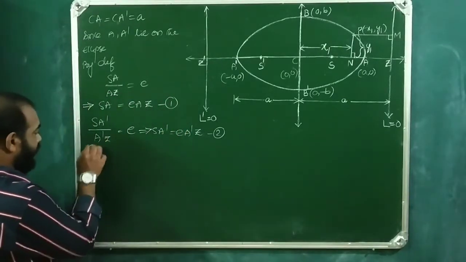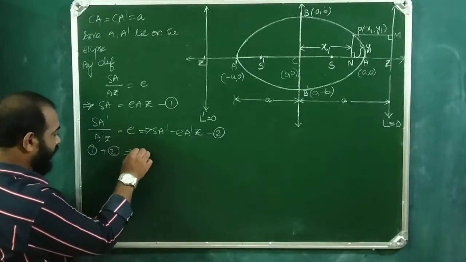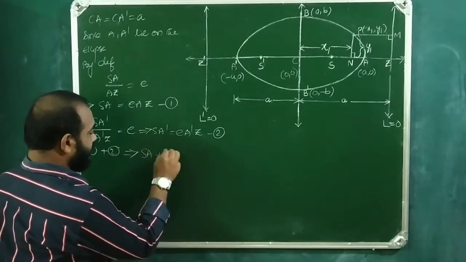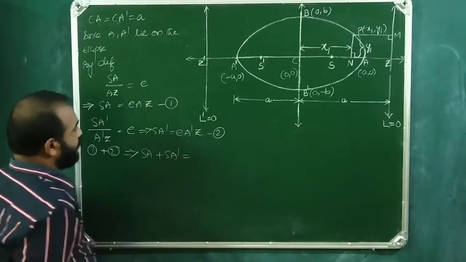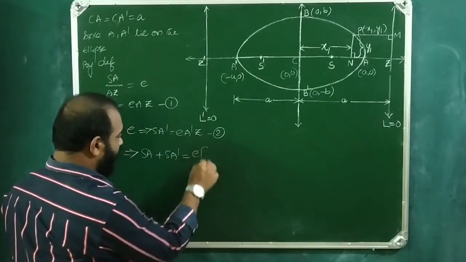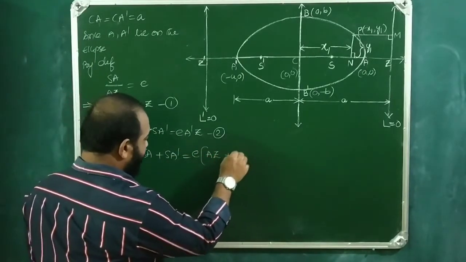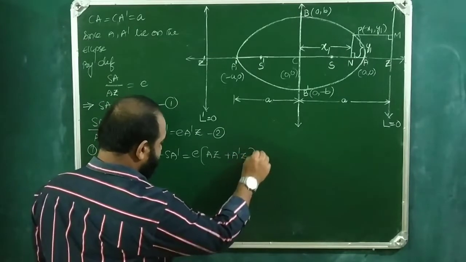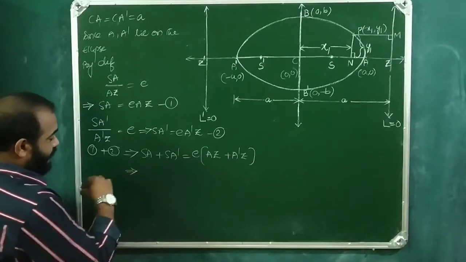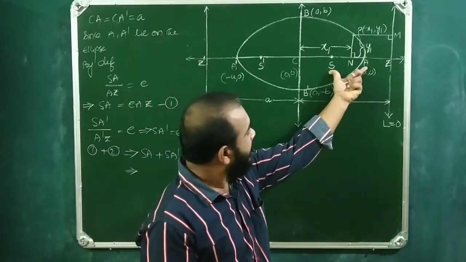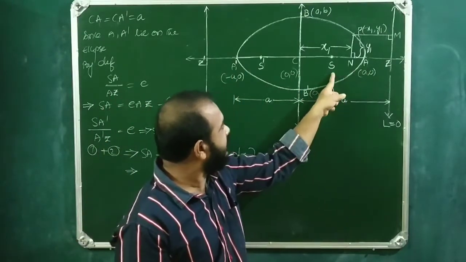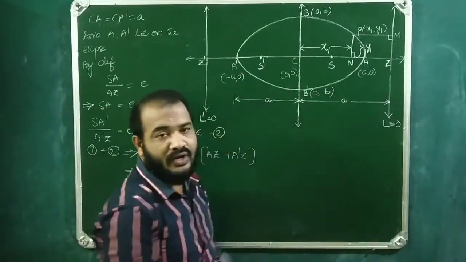So 1 plus 2 gives rise to SA plus SA dash is equals to E AZ plus E A dash Z. Take E in common, then this is AZ plus this is A dash Z. So SA plus SA dash is total A A dash only.